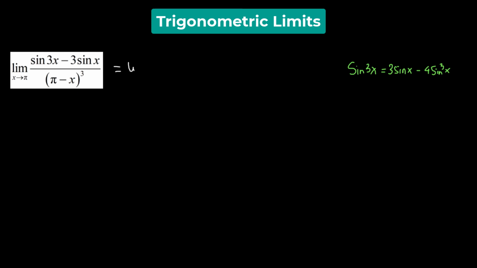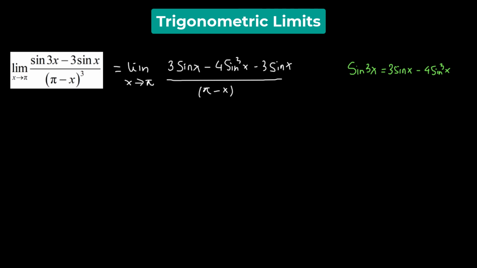So we have the limit as x approaches pi of (3 sin x minus 4 sin cubed x minus 3 sin x) divided by (pi minus x) whole cubed.